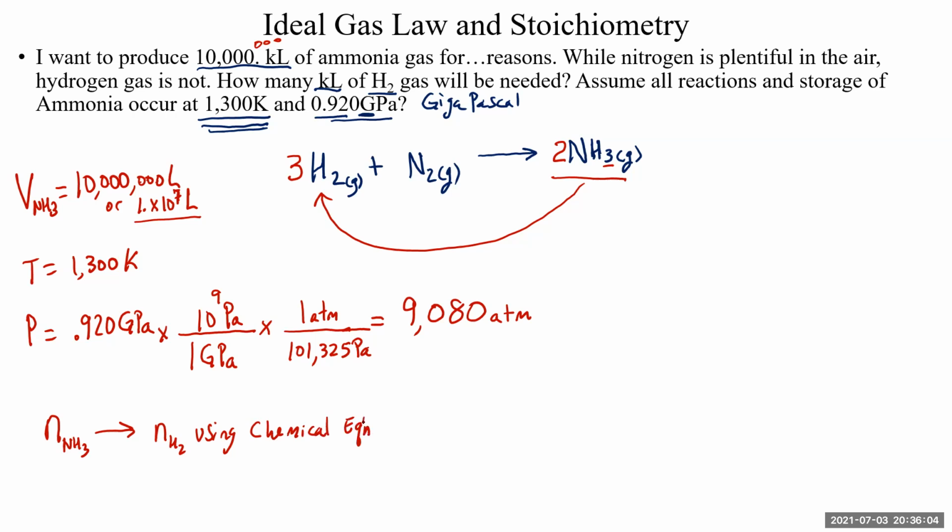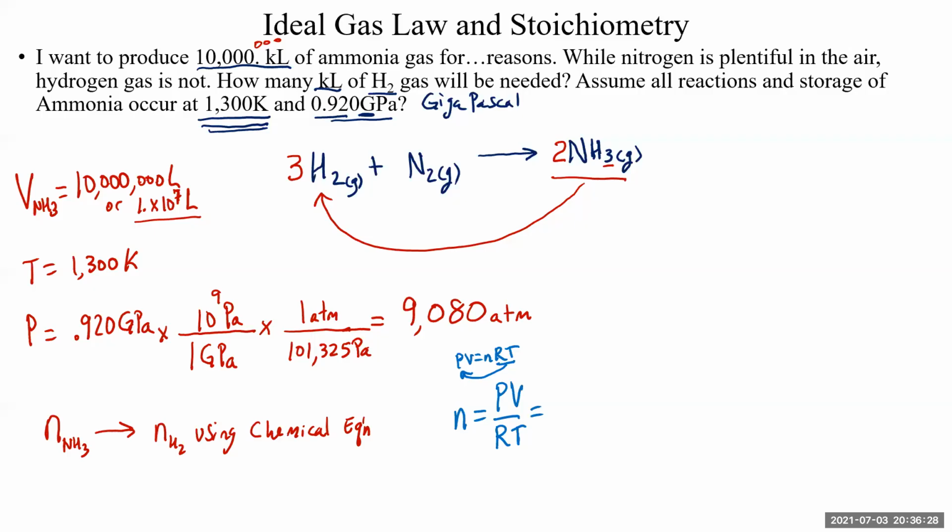So let's figure out n first. We know that n equals PV over RT. All I did was rearrange the ideal gas law: PV equals nRT. Divide both sides by RT, and you get n equals PV over RT.